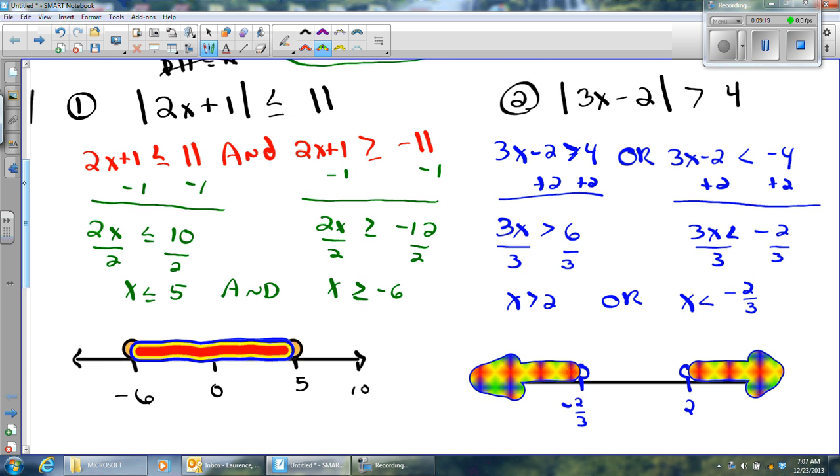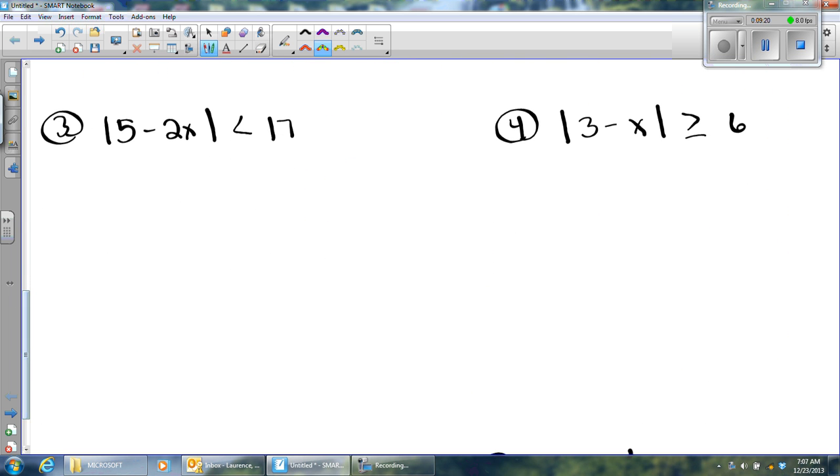All right, let's look at a couple more examples, speed things up here a little bit. Okay, here I have a less than, and so I'm going to write it as one sentence. 5 minus 2x less than 17, and negative 17 is less than that. Oh, silly me. I've got to subtract 5 from all three places.